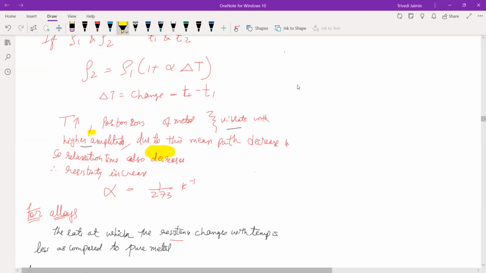Like yesterday we discussed, when there is a vibration in the molecules, the relaxation time between two successive vibrations or oscillations starts decreasing as there is a passing of electrons or some external electric field.